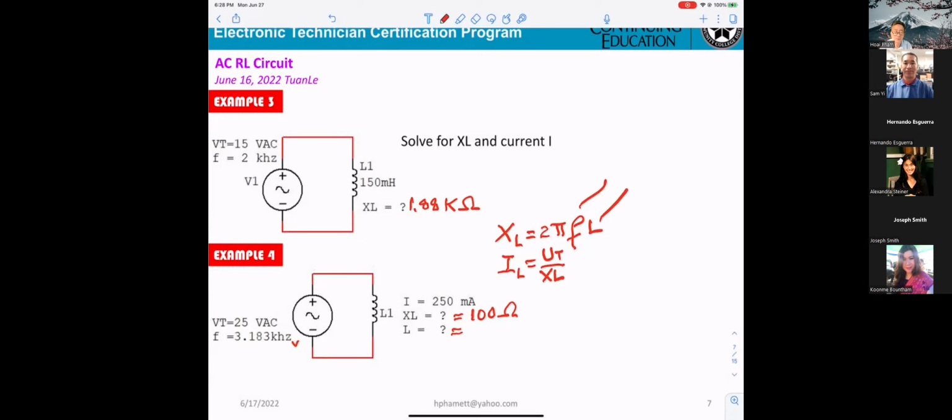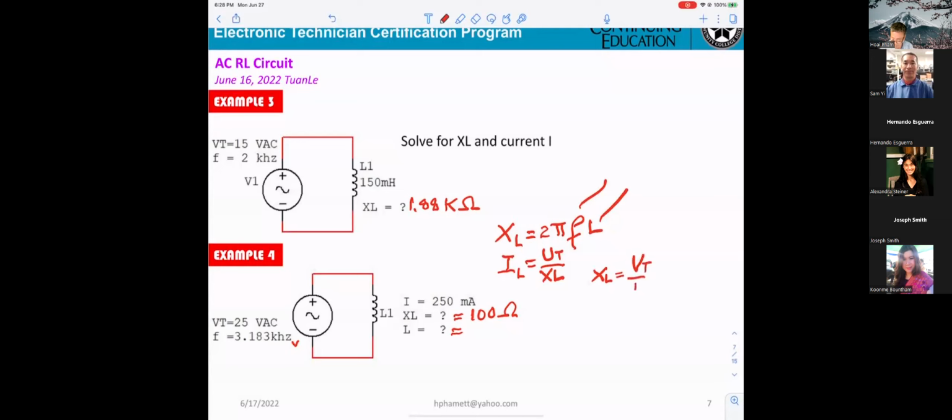Wait a minute, you said we know L, where's L at? Oh, you have the total voltage and you have the total current. You can use that to calculate XL. Okay, exactly. V total.